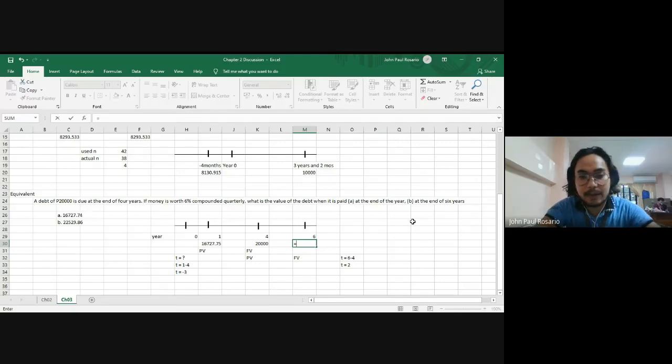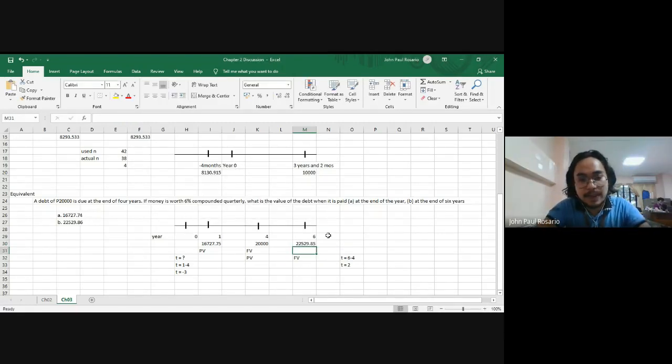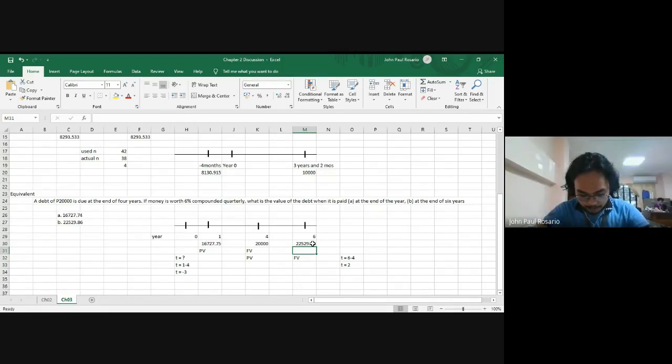Our P here is 20,000 times 1 plus 0.06 over 4 raised to the power of 4 times 2. And we get the same answer as Balyada, with slight discrepancies because he used rounded off figures. Did you follow? Yes, sir.